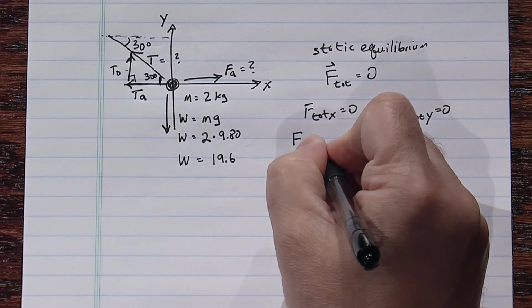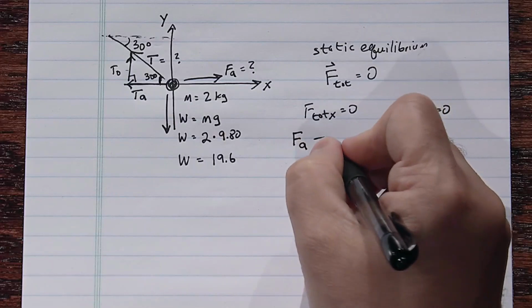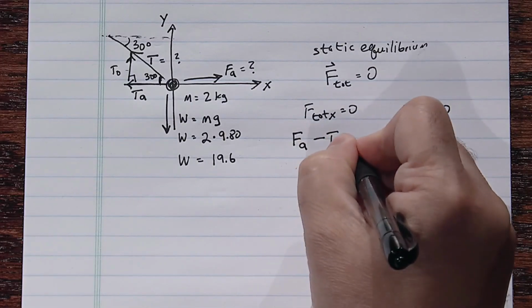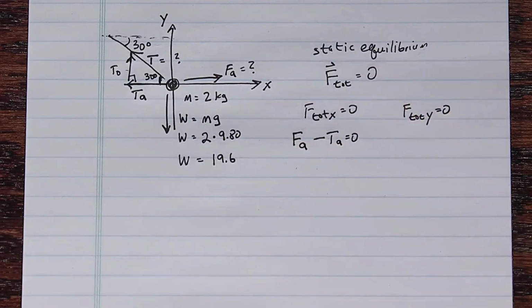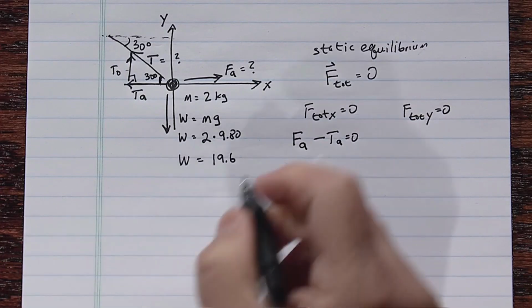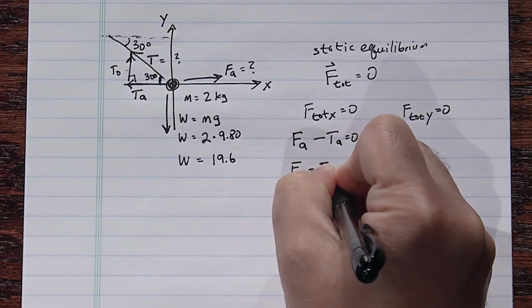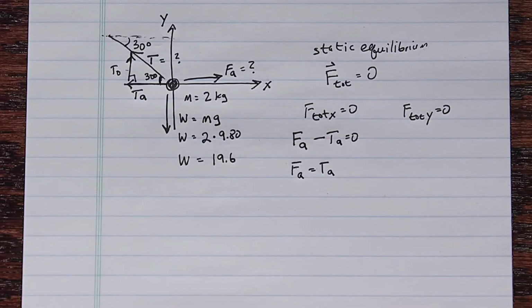So our X equation is the applied force minus tension, the adjacent component of the tension, is equal to 0. Or if I add tension adjacent to both sides, I would see that the applied force is equal to the adjacent component of the tension.